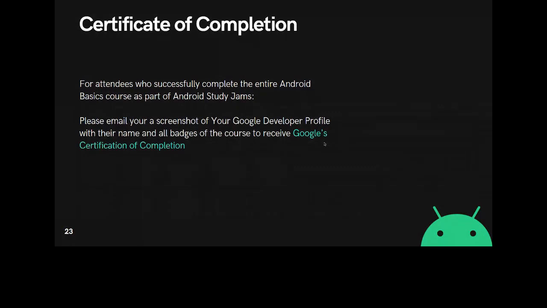If you complete the course, your developer profile will get 16 new badges. Take a screenshot of the 16 badges and send it to my email address. You're going to get a Google certificate of completion, which will also be helpful to add to your resume and other places. So that's it for now.